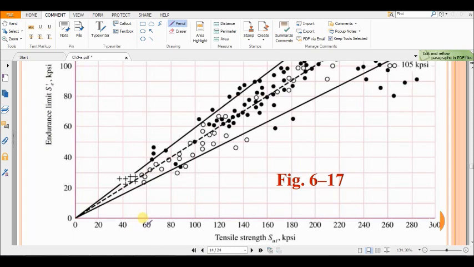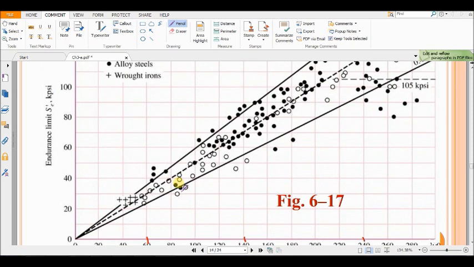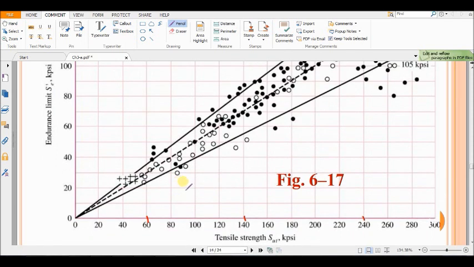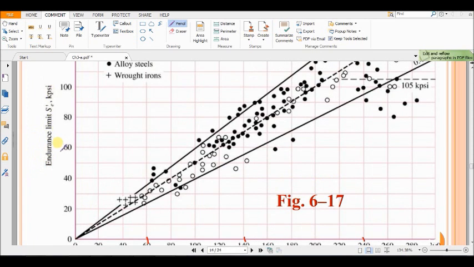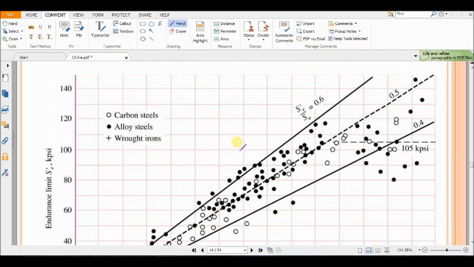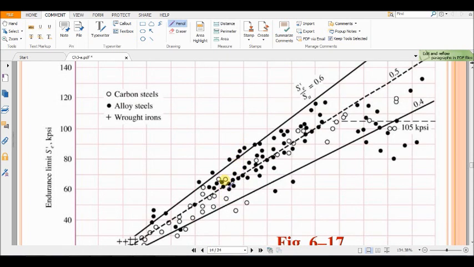For example, maybe this is for a steel alloy with high carbon, another with medium carbon, and another with low carbon. Normally, with a reduced percentage of carbon, the strength of the material increases. So they tried this test for different materials and recorded the endurance strength. Each point here represents one test.